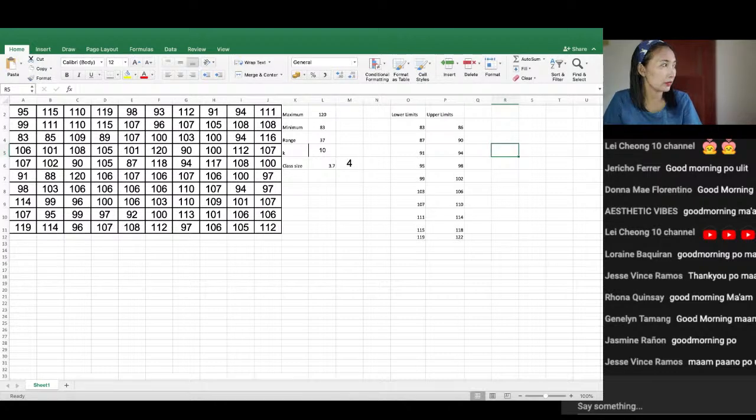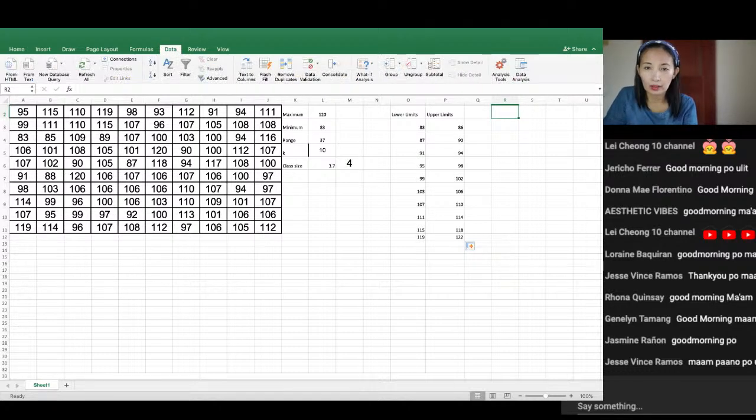To determine the frequencies, you go to data, and data analysis. I hope you have this installed in your Excel. If not, you check on the add-ins and click on data analysis. And then along data analysis, you choose histogram, and then click on it.